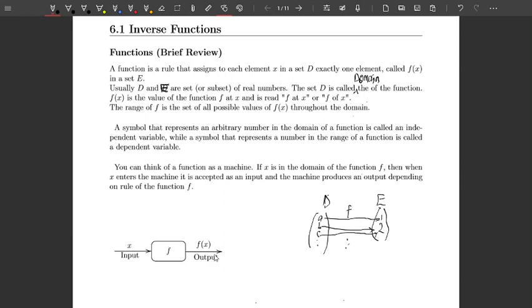If you put things in a blender, you expect it to come out blended. You don't expect it to come out cooked. You don't put maybe a tomato into a blender and expect to get rice. No. So it does something, and that thing it does is actually the rule, is what we see as the function. That's why we say here that the outputs depend on the rule of F.